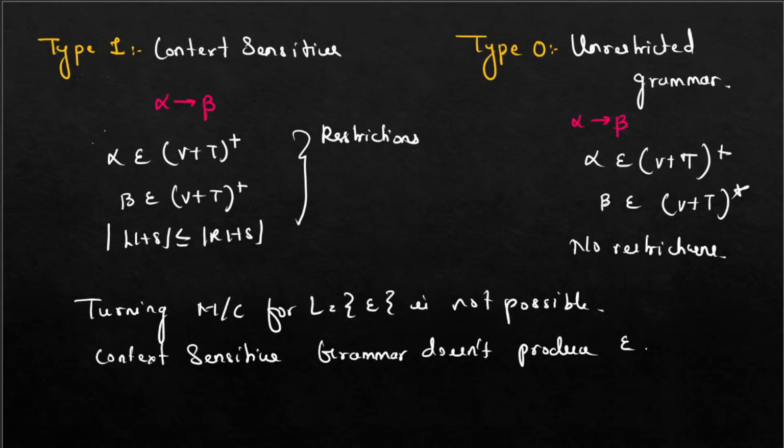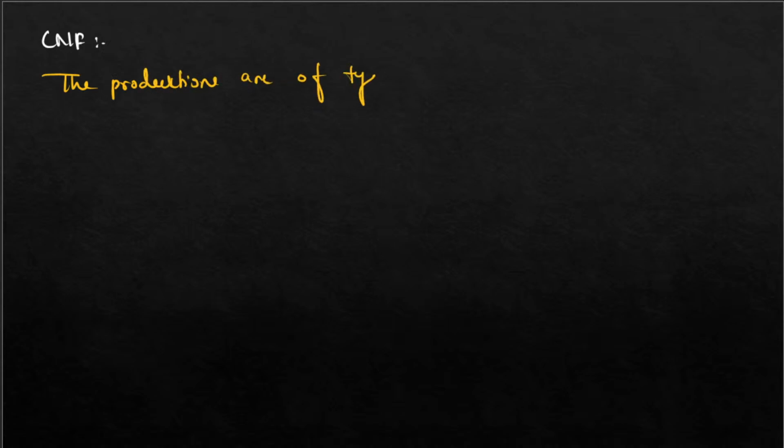So let's discuss now CNF. Chomsky normal form, the productions are of type V → VV or V → T. So T is terminal, V is variable.